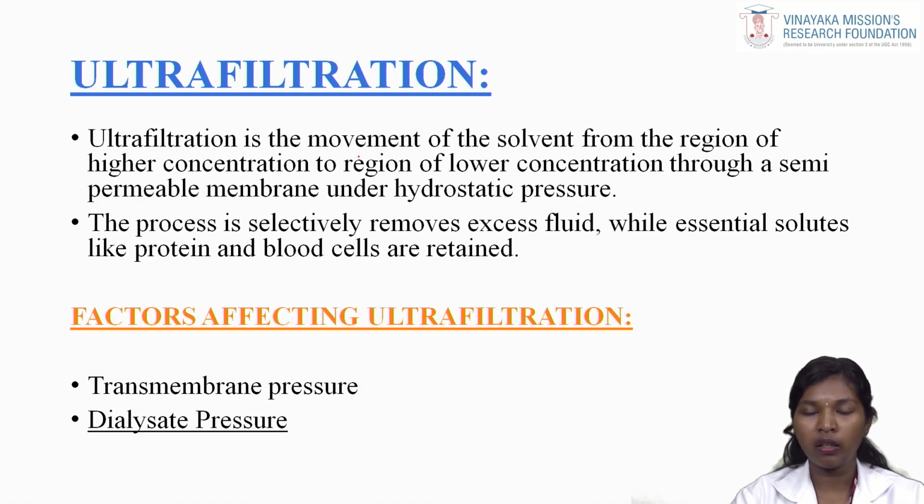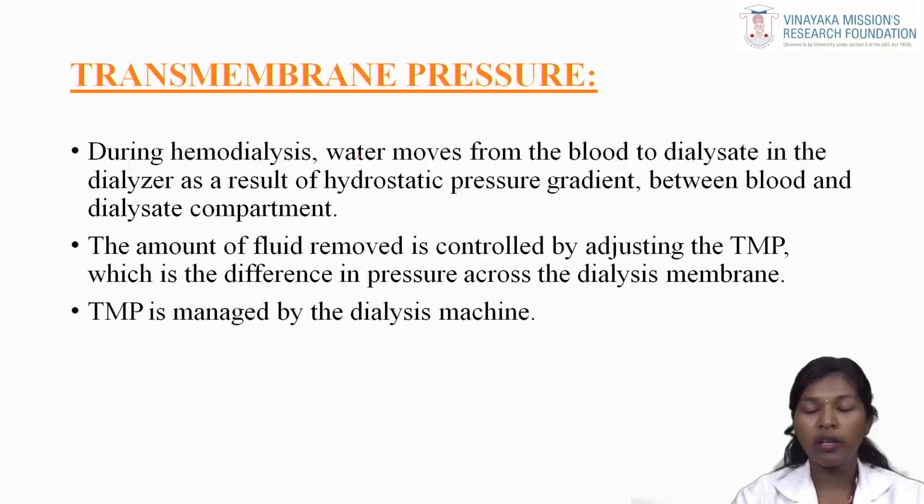Transmembrane pressure is what we observe or monitor on the screen of the dialysis machine, the TMP pressure. We all know that TMP pressure affects ultrafiltration. During hemodialysis, water moves from the blood to dialysate in the dialyzer as a result of the hydrostatic pressure gradient between the blood and the dialysate compartment.